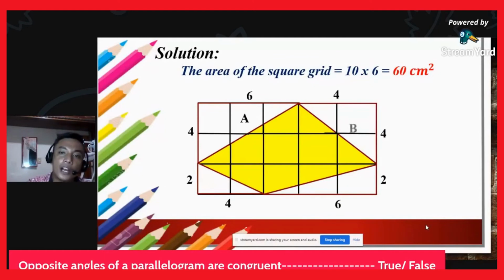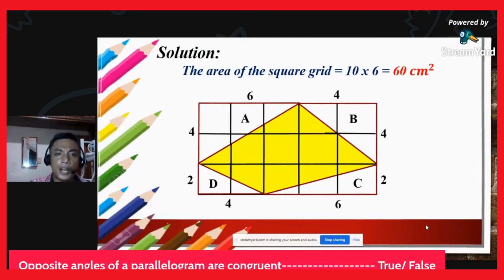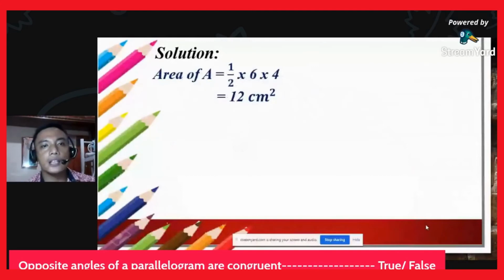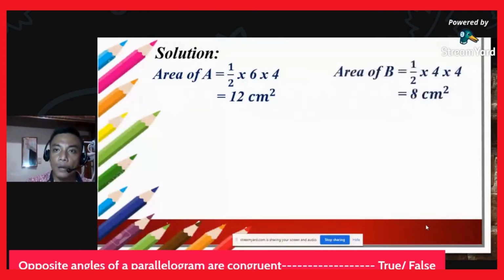triangle A, triangle B, triangle C, and triangle D. For triangle A, the area is 1/2 times 6 times 4, which is equal to 12 square centimeters. For triangle B, 1/2 times 4 times 4 is equal to 8 square centimeters.